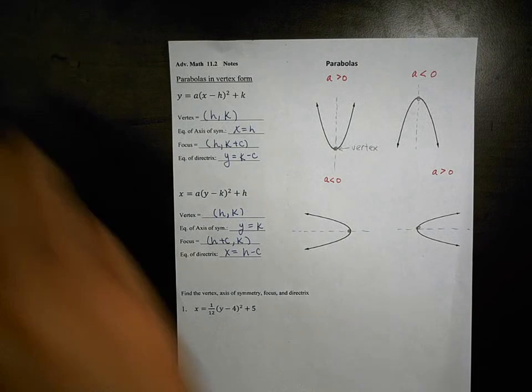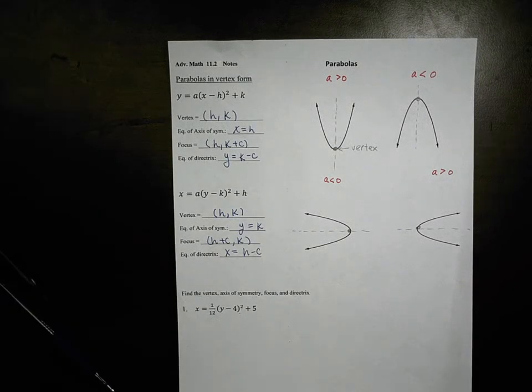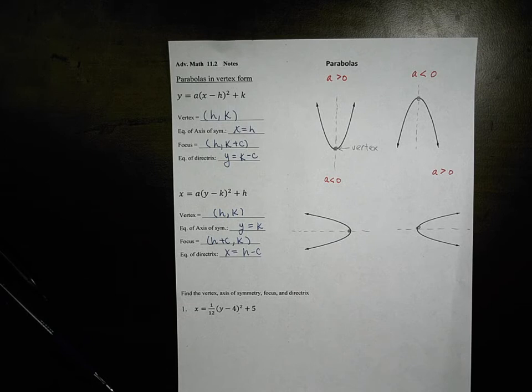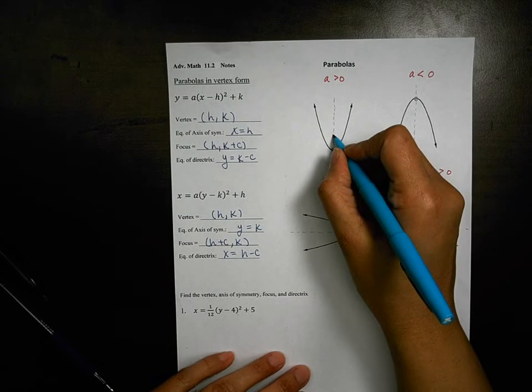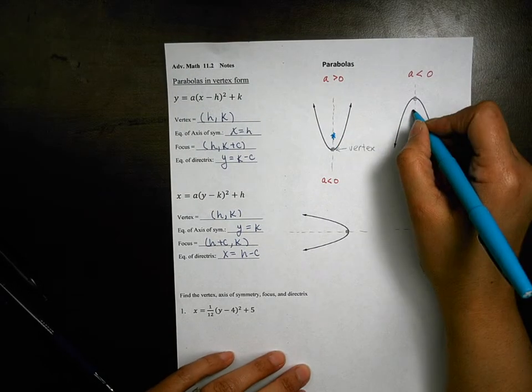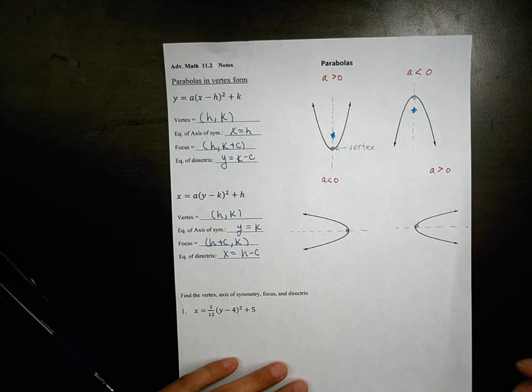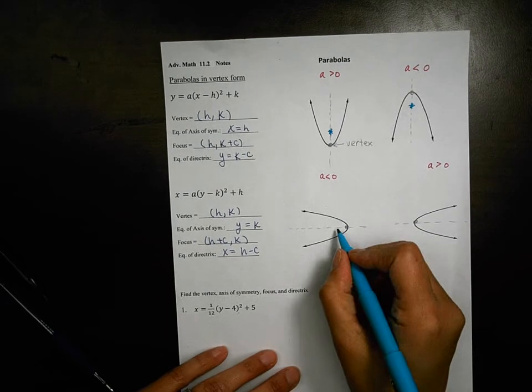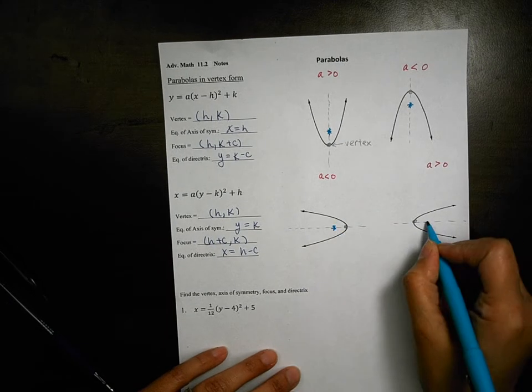All right. Next piece is the focus and the directrix. Focus is a point in ordered pair. And it's always inside of the cup.